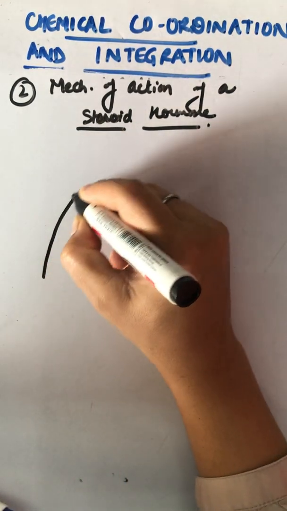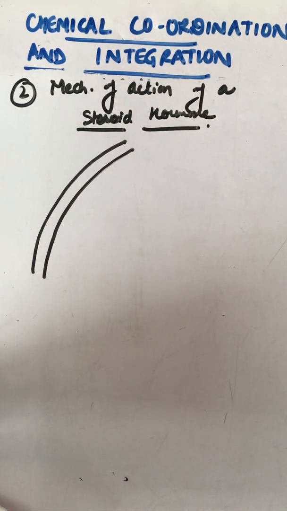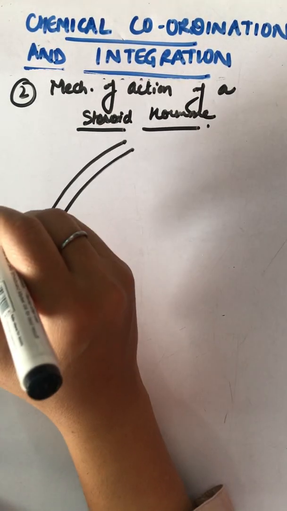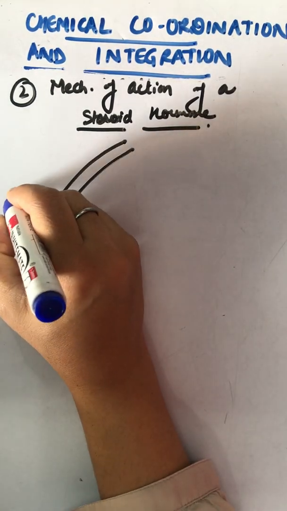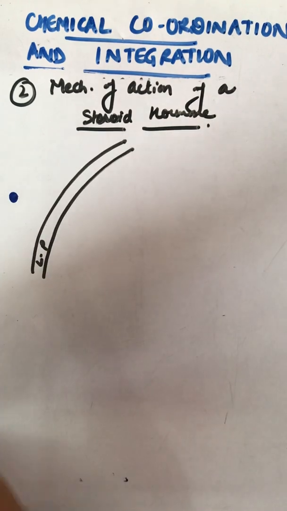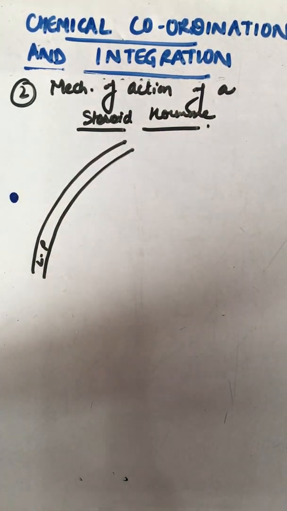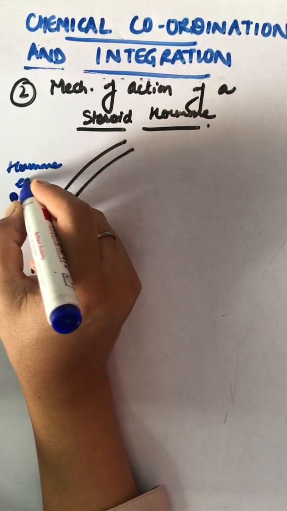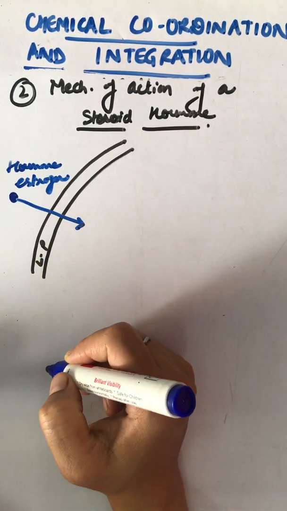Here I'm taking this cell membrane on this side. Okay, this is my cell membrane. What is it made of? Lipid and protein. So my hormone has to come from this side. This is the hormone. This hormone is estrogen. So I'm writing estrogen. What will it do? It will directly come inside through the cell membrane.